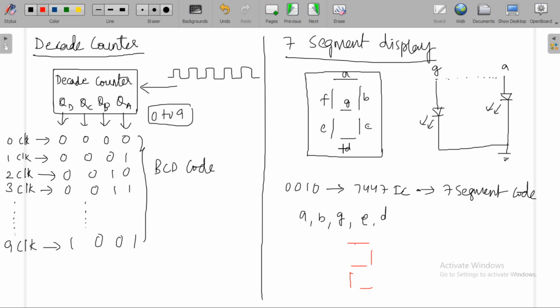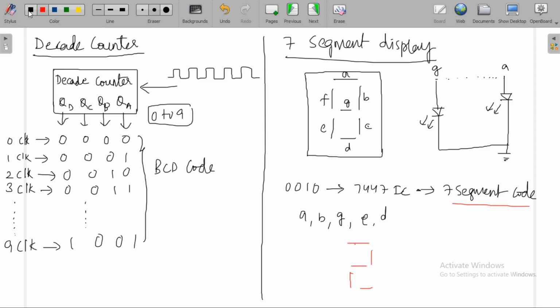Okay, by turning on A, B, G, E, D, this displays 2 decimal number, and this code will turn off remaining LEDs.